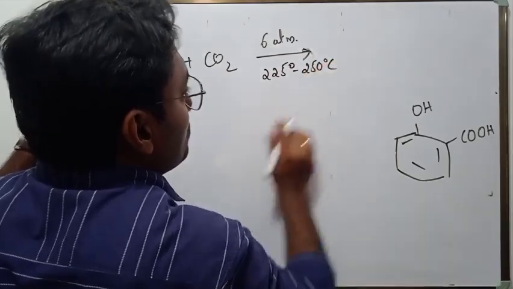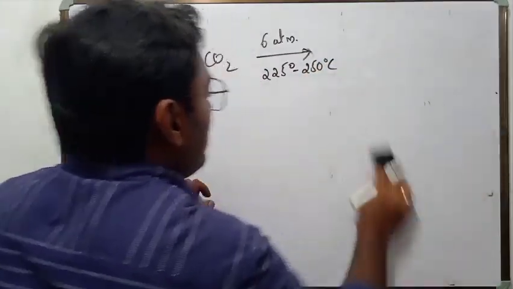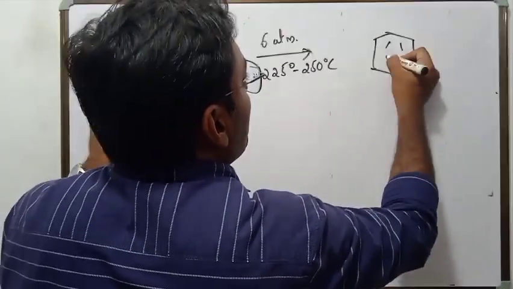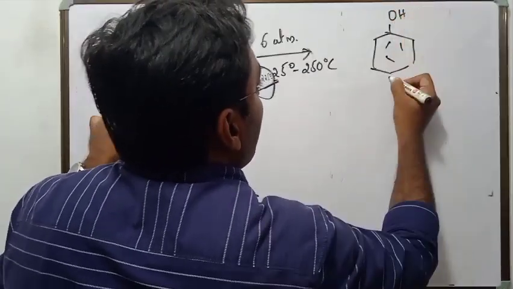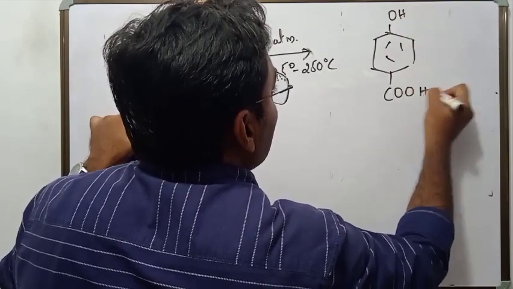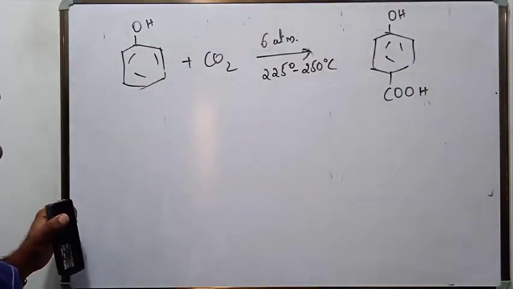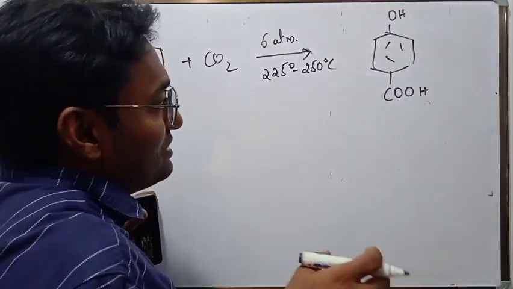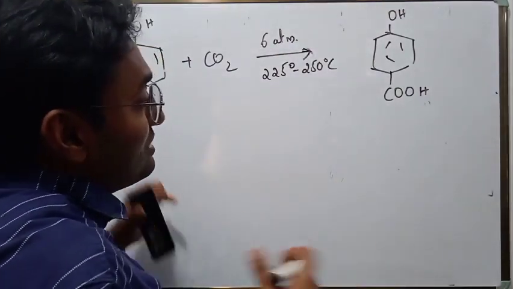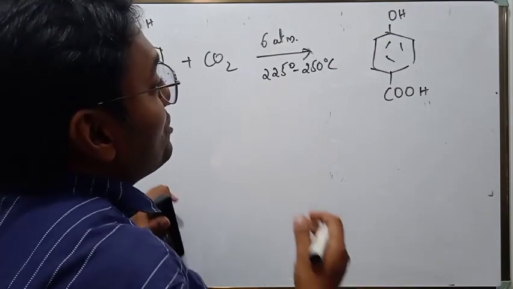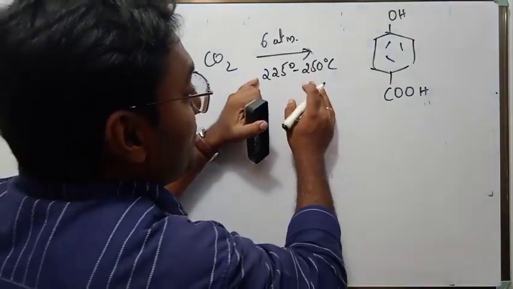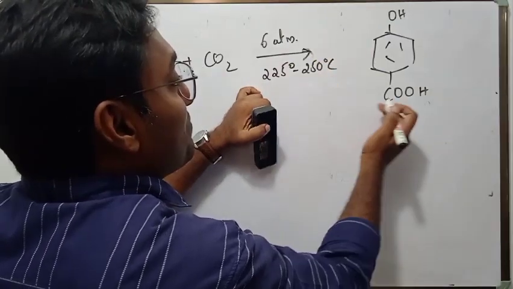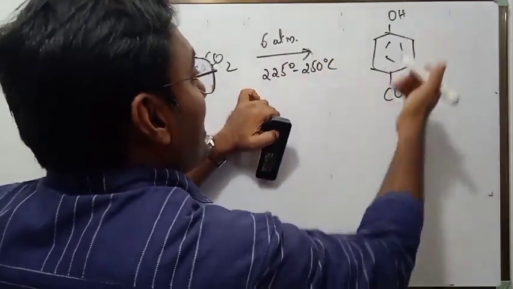If you are using this temperature, then you get COOH at para position and not at ortho position. To make the para isomer, the energy of activation is much higher. So that energy of activation we are giving by increasing the temperature. So when we give that kind of temperature, we get the para isomer. This is para hydroxybenzoic acid.